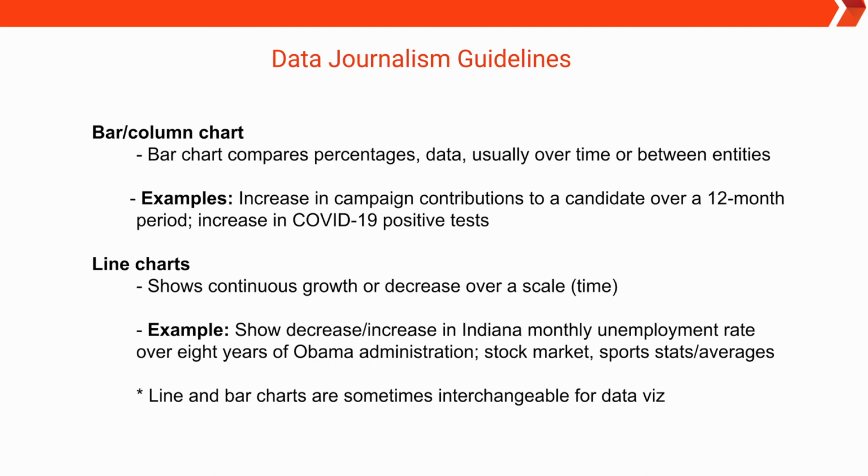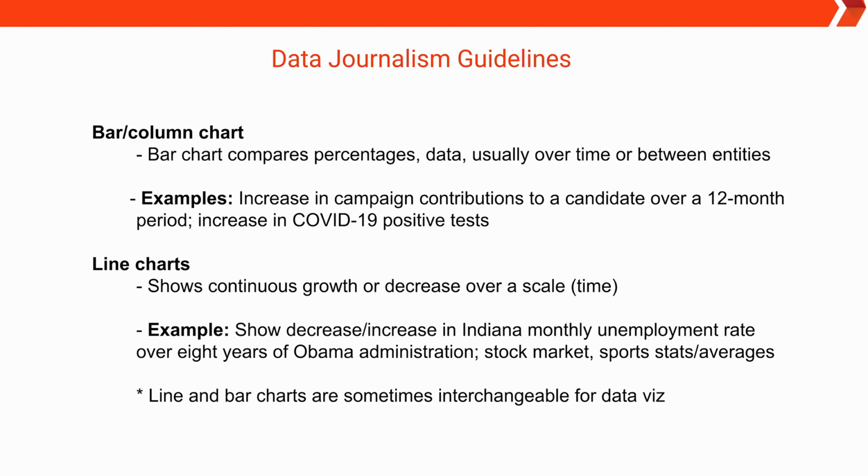Bar charts and column charts are very popular. You'll do a lot of them in here. That term is used interchangeably. Column charts tend to be vertical. A bar chart can be vertical or horizontal. Bar charts typically compare percentages or data, usually over time or between entities on the x-axis, depending on whether it's horizontal or vertical.